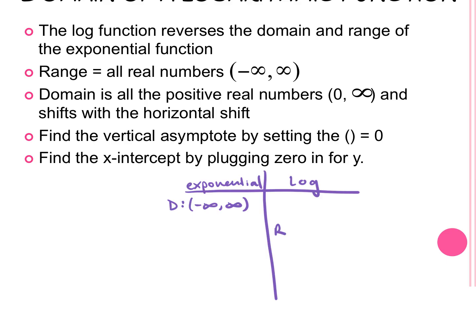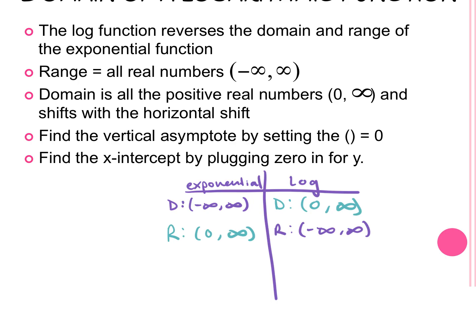For our log functions, our range is now going to be -infinity to +infinity, all real numbers. Our range in our exponential function was from 0 to infinity. Now our domain is going to be from 0 to infinity.